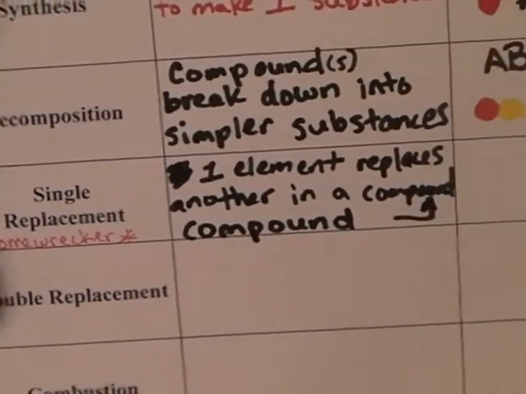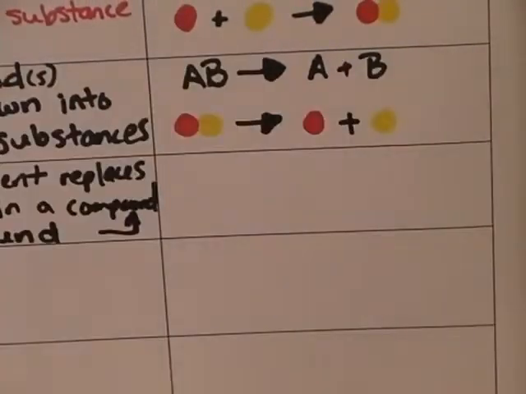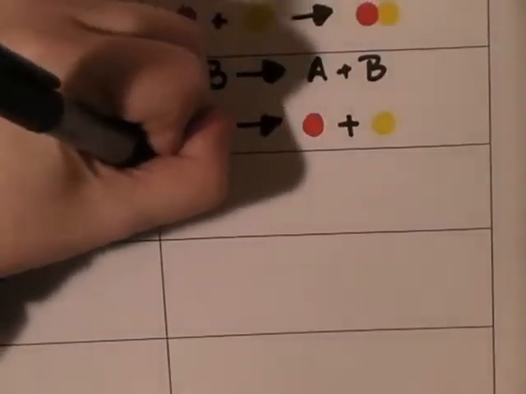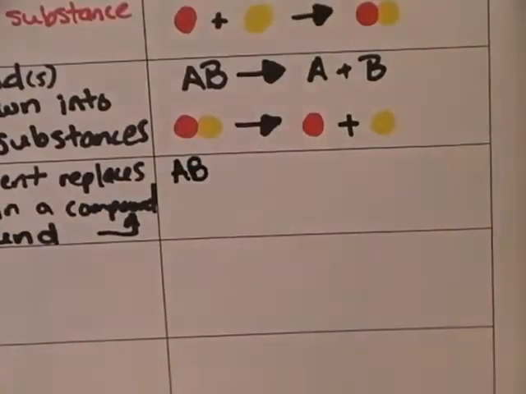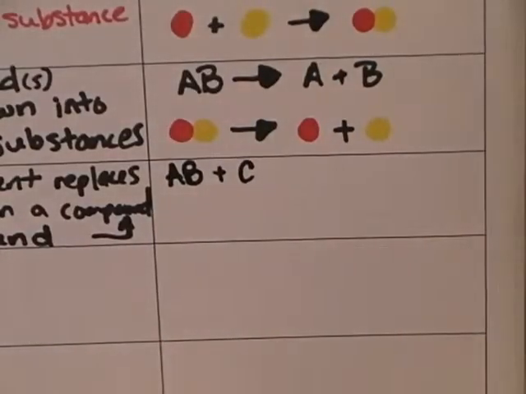So here's what happens in a single replacement reaction. Okay, so if we're going to write it out first. We'd have something like A and B are in a compound together, and C is just an element chilling by itself.